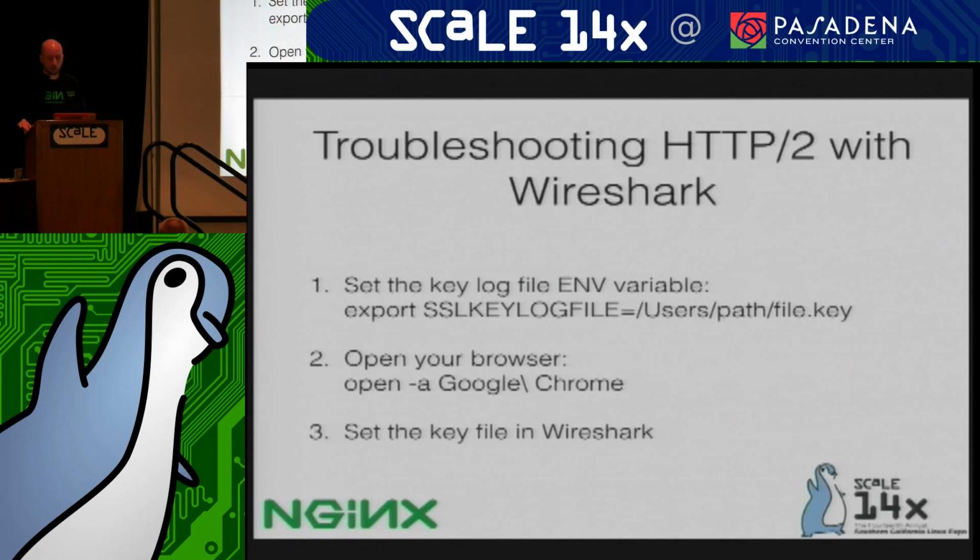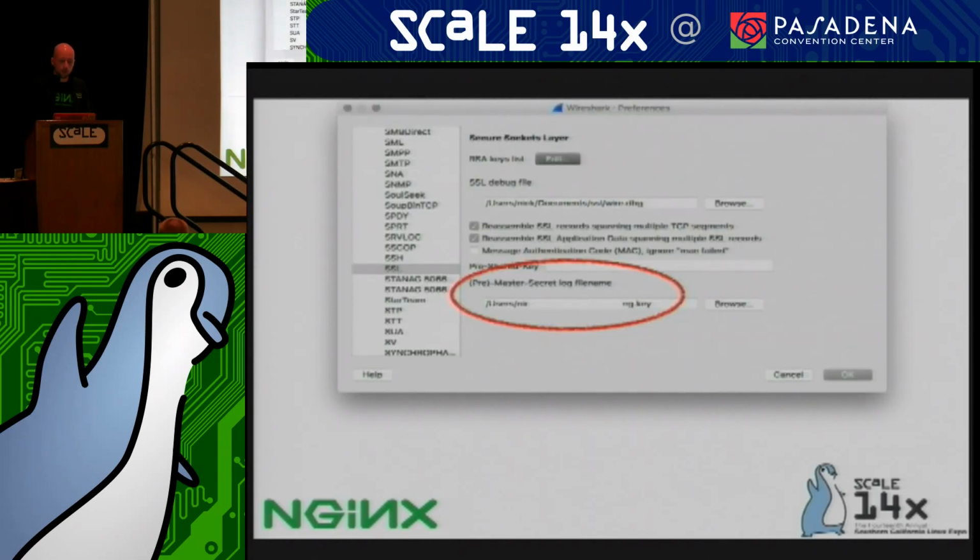So this way is significantly more fun. You just need to specify the environment variable, the SSL keylog file, and you need to open the browser with that environment variable. And then we need to put that session key file into the SSL settings of Wireshark.